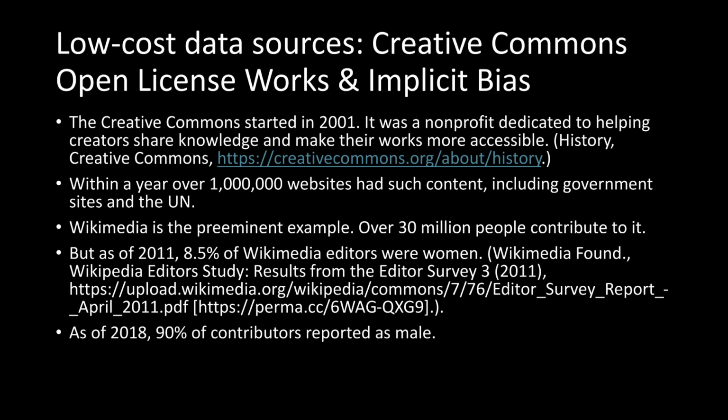That, of course, may save us from our history bias issue from public domain works, but it introduces another potential bias into the equation. Academics and social scientists have studied the Wikimedia editors, and as of around 2011, less than 10% were women, and by 2018, 90% of contributors still reported being male.